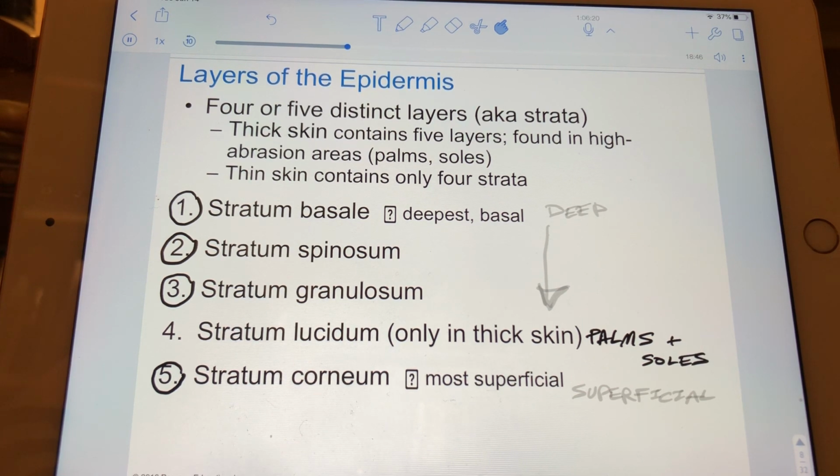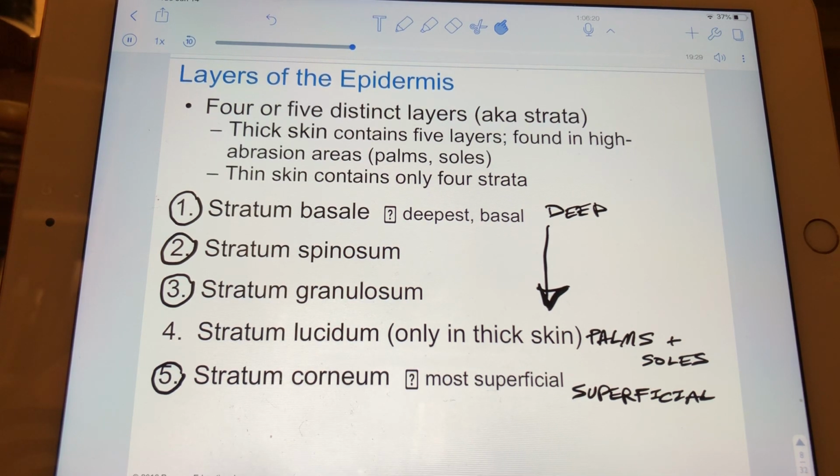All right, so any skin, no matter what, will have stratum basal, stratum spinosum, stratum granulosum, stratum corneum, actually in that order from deep to superficial. Okay, deep to superficial. Whereas palms and soles will have stratum basal, stratum spinosum, stratum granulosum, stratum lucidum, stratum corneum in that order from deep to superficial. Okay?